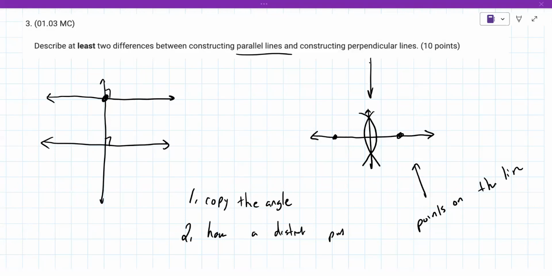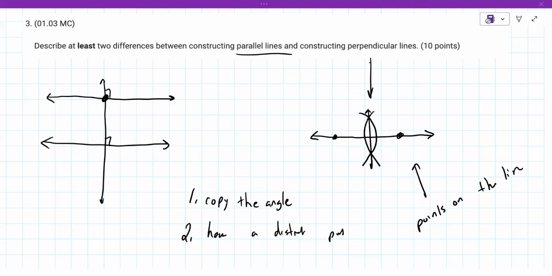So would it be that in parallel lines the points aren't, well, I'm not sure. It's so vague. I'm trying to just give you some ideas. You're definitely copying an angle, which is not the case over here. You're also using a point not on the line, but I guess that's the same as here as well.